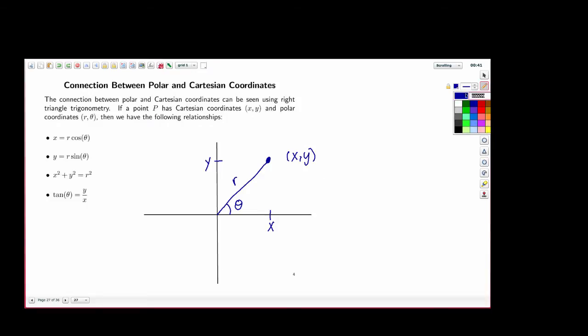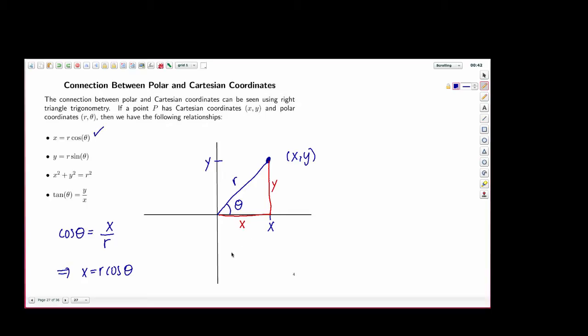So if I draw in the right triangle that corresponds to over x and up y, so this distance is x and this distance is y, I see, for example, if I do the cosine of theta, I get adjacent over hypotenuse, so x over r, which tells me that x is r cosine theta, which is this first equation.